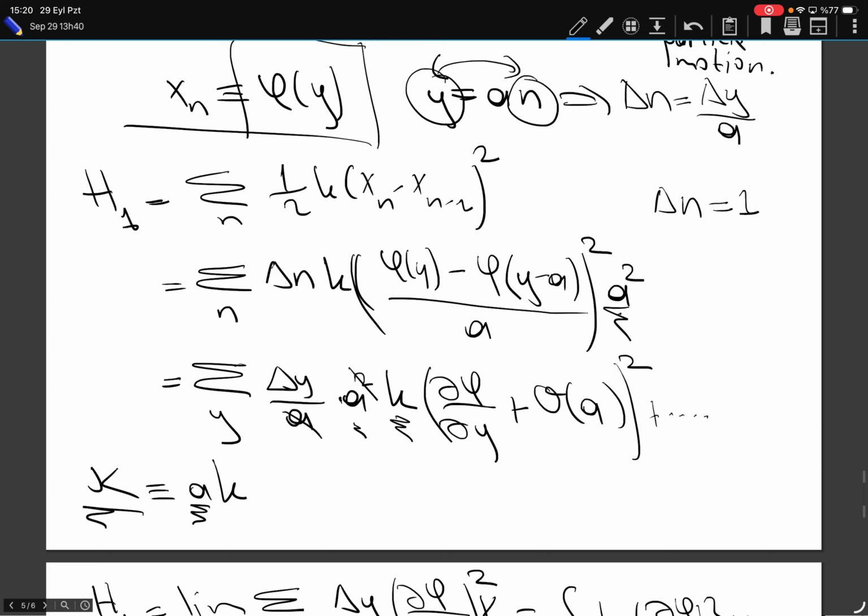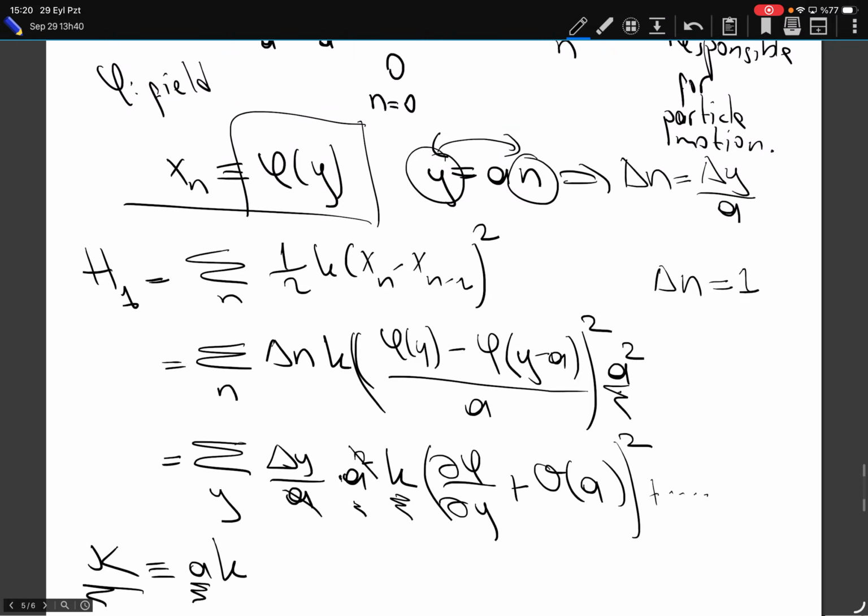Large kappa means large k. What is small kappa supposed to mean? What if the spring constant k goes to infinity, so they are easily moving? Well, let's see.